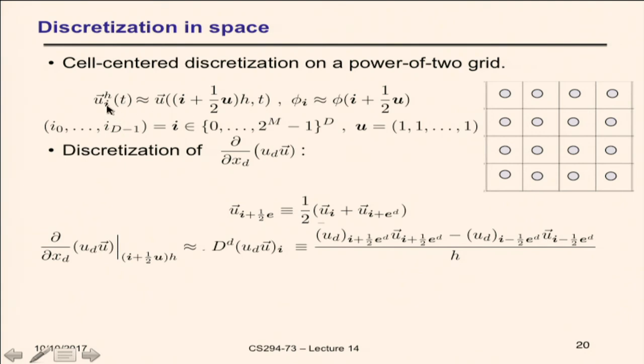U at a mesh point I, where I is some multi-index, approximates the fluid velocity at the center of a mesh box, which is indexed by the index of the lower left corner. And phi, if we have scalars, they're also approximate values at the centers of control volumes.